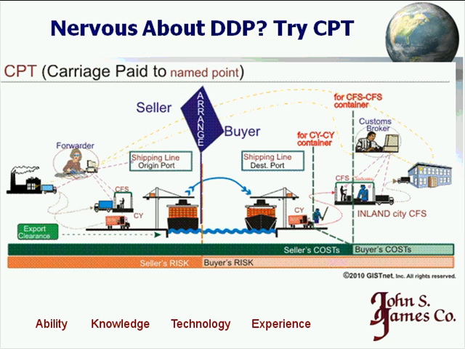What that does is you can arrange to have this delivered to any point in the country. It could be to a rail depot in the country. It could be to the buyer's door, but you're not going to pay for the customs clearance and the duties that are associated with that.